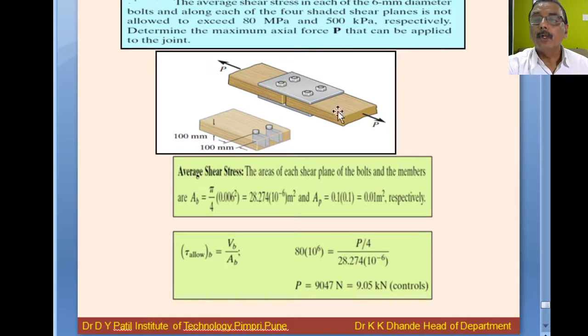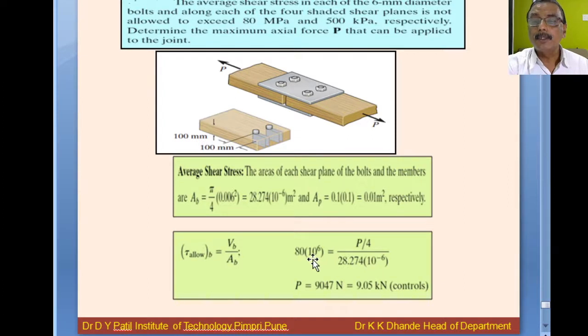Now here total load P is acting on it. How many bolts are there? 4 bolts are there. So load per bolt means P by 4. Load per bolt is equal to P by 4, and in the first case 80 megapascal stress is induced. So shear stress is equal to load upon cross sectional area of the bolt.